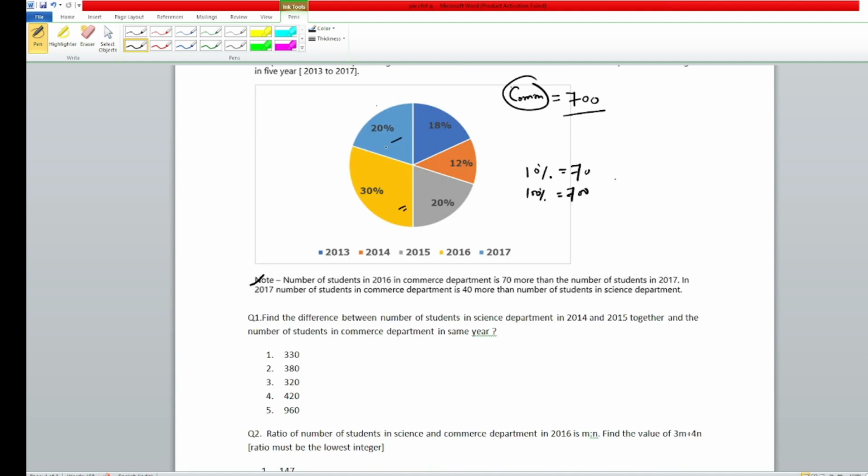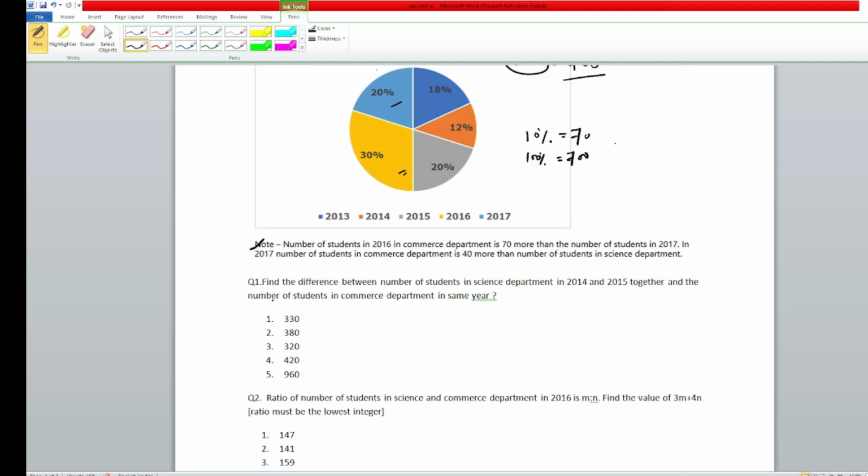From here we can find that 30% of 700, that is 210, is the number of students in 2016. 20% of 700 is the number of students in 2015, 12% of 700 is the number of students in 2014, and so on.